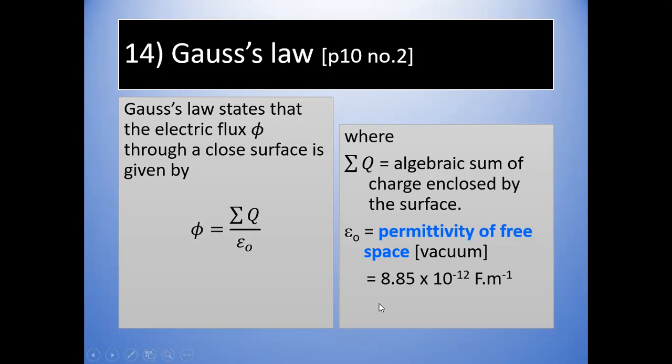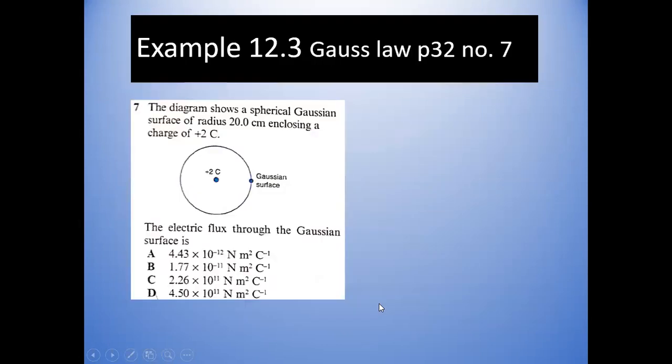Absolutely not, as I say, we have given you the value. Okay, what's the answer for this one? Page 32, number 7, in your book.